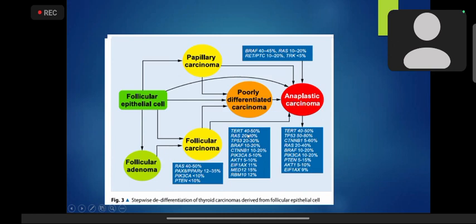So frequency wise, we can see TERT mutation is common in poorly differentiated thyroid cancer, 40 to 50%, followed by RAS 20 to 40%, P53 20 to 30%, and BRAF 10 to 20%. And P53 is commoner in anaplastic carcinoma.